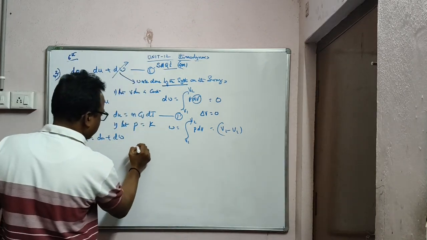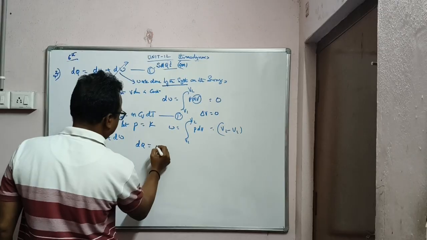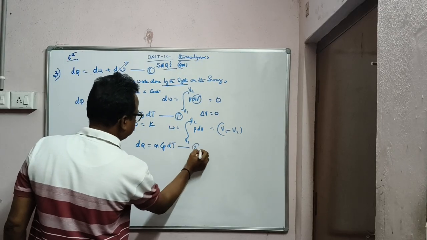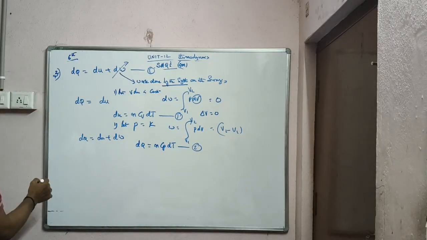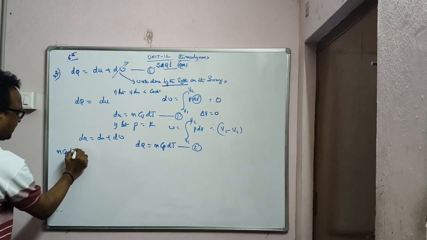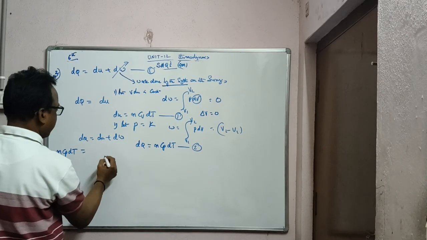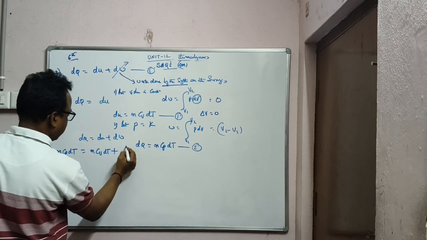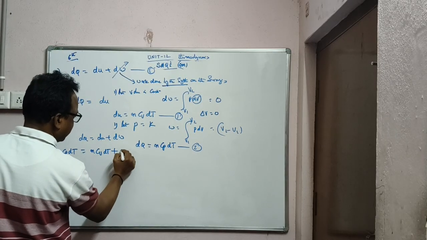Then dQ, the heat given, is equal to n Cp dT. Put this in equation 1: n Cp dT is equal to dU, which is n Cv dT, plus W. And what is W? PdV.